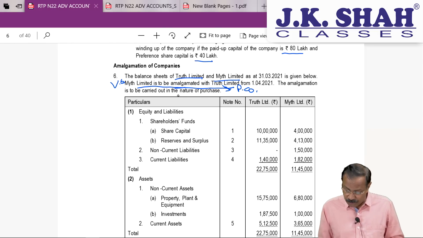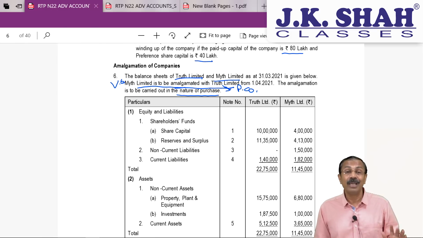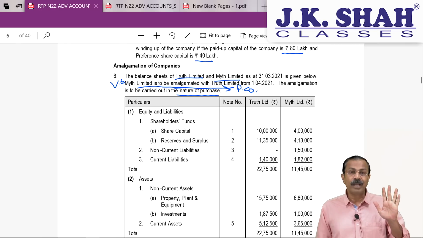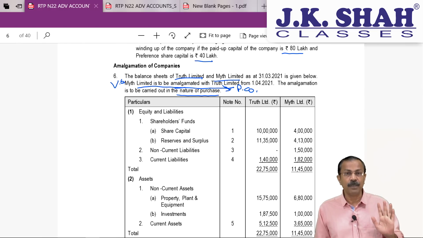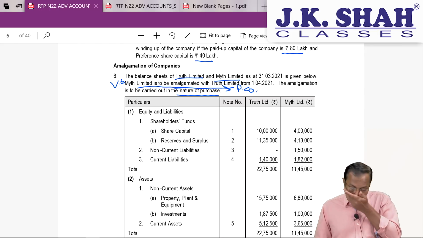The amalgamation is to be carried out in the nature of purchase. Second is in the nature of merger, also called as pooling of interest method, which you don't have to follow. Clear instruction, purchase method.